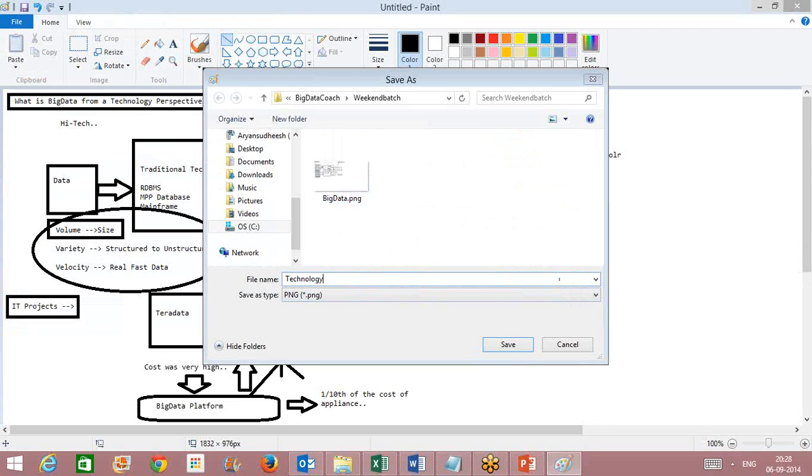Make sense? I hope so. So don't get worried about unstructured. We will cover unstructured, but the secret is only one: convert unstructured to structured at some point of time. Now Hadoop is only enabling you to do that, and that's it.